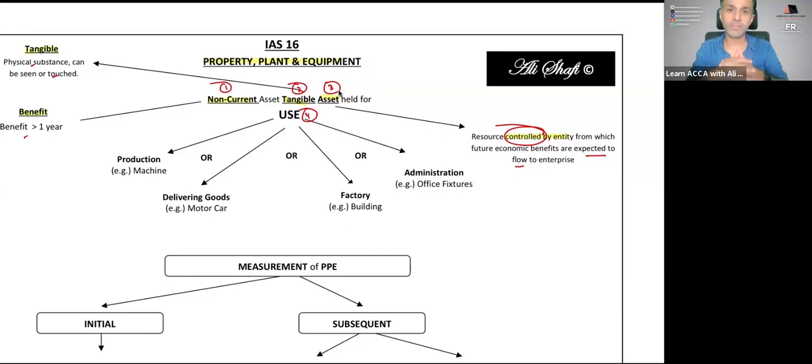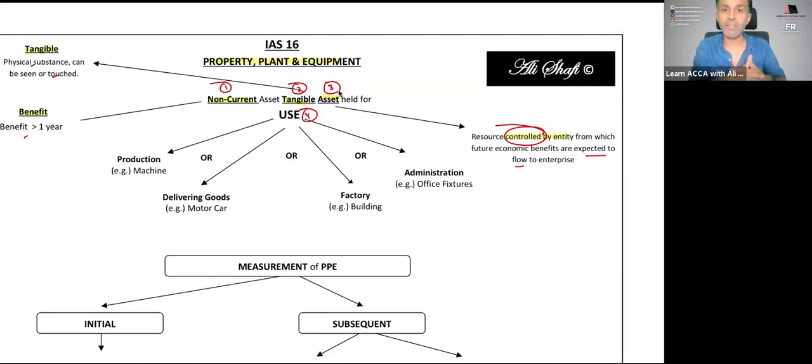Controlled by me. I only have the key of that motor car, and I open it and drive wherever I wish to. No one is allowed except me. By having control over it, I'm getting the benefits out of it. It's me who gets the benefit, no one else.